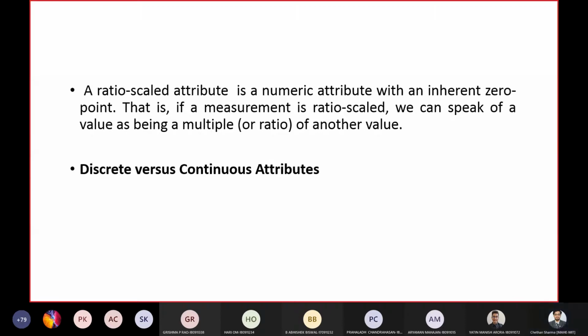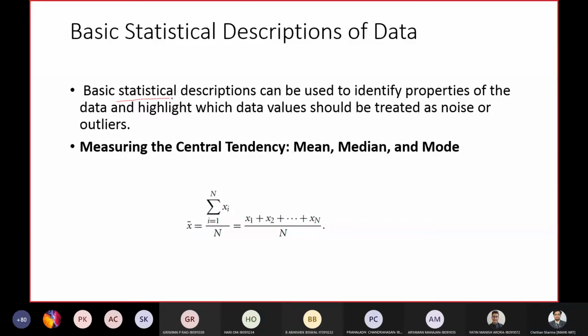So here, basic statistical description. We can use this to identify properties of the data, and using this you can also see which data can be treated as noise or outliers. There are different central tendencies which we'll be studying, that is mean, median and mode.